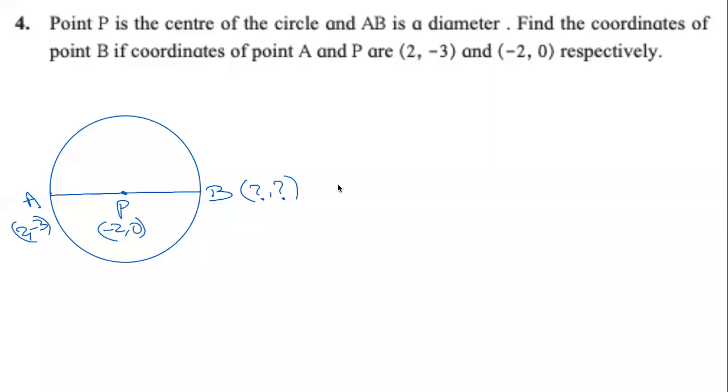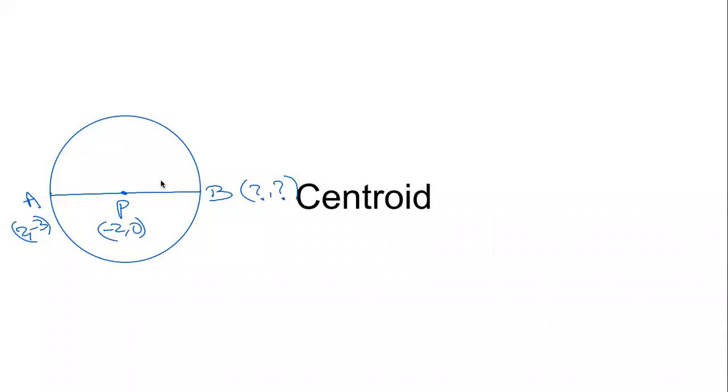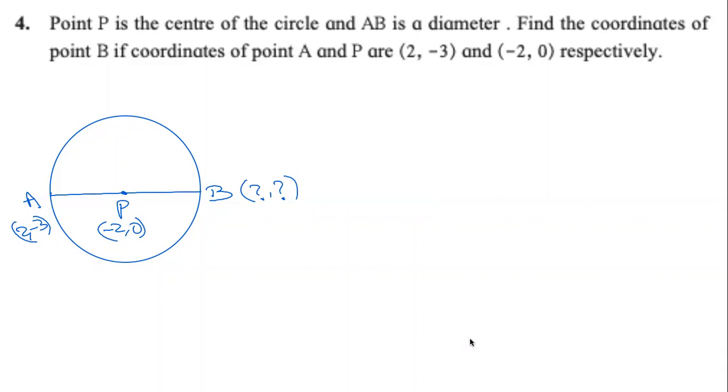What Chanda is saying is that in a circle, the radius is constant. That means PA is equal to PB. And we know when PA is equal to PB, then P is the midpoint of AB. And from here, we can say that we will use the midpoint formula.